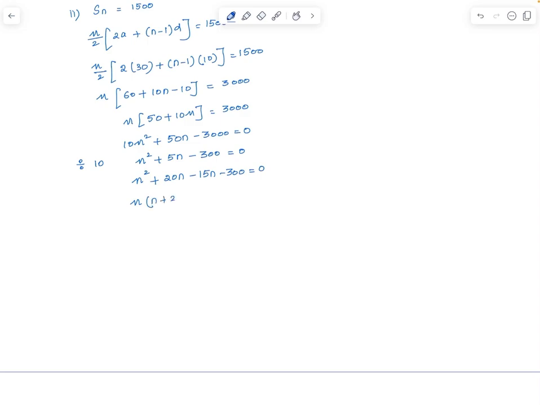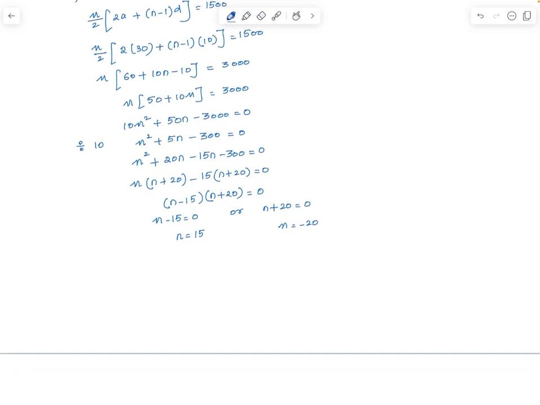N times n plus 20 minus 15 times n plus 20, that is n minus 15 times n plus 20 is equal to 0, which means n minus 15 is equal to 0 or n plus 20 is equal to 0. We get 15 and minus 20 for n.